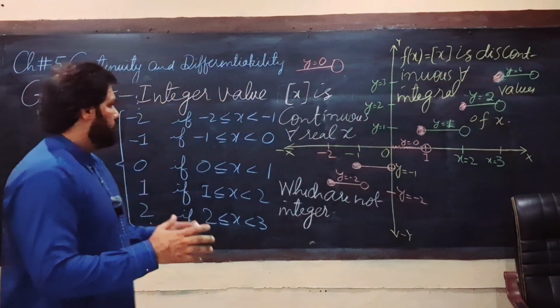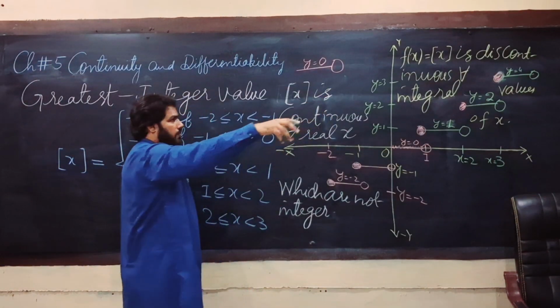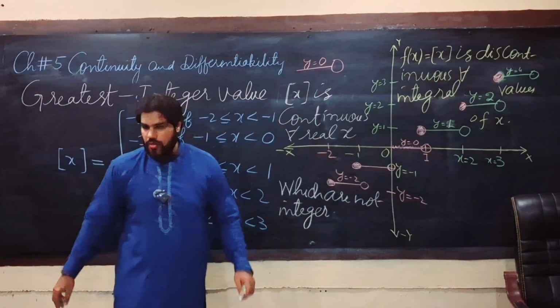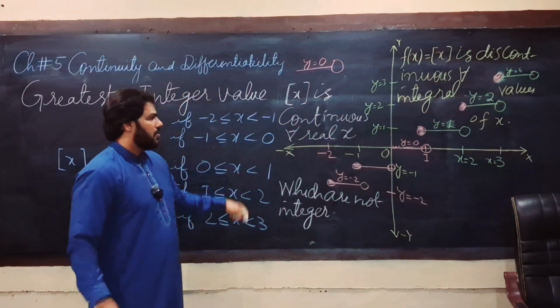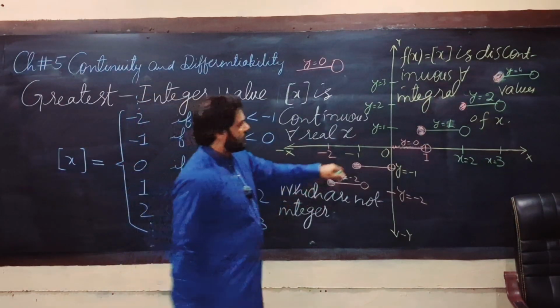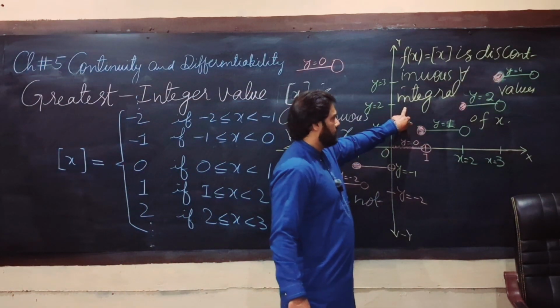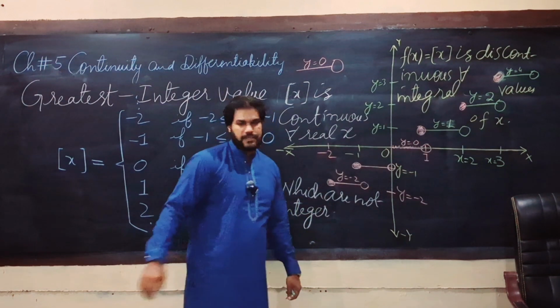Next, we prove all of this in general, because we have observed all of this from its graph or from its function. Now we prove in a general way that this function is discontinuous at integral values, and it is continuous for all other real x.